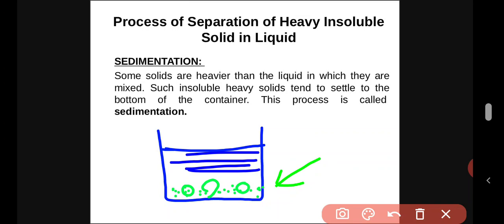So this is the sedimentation process, one of the processes of separation of heavy insoluble solids.